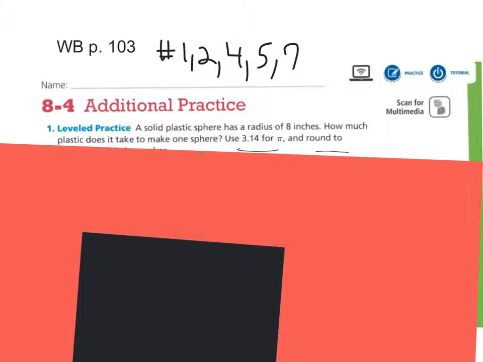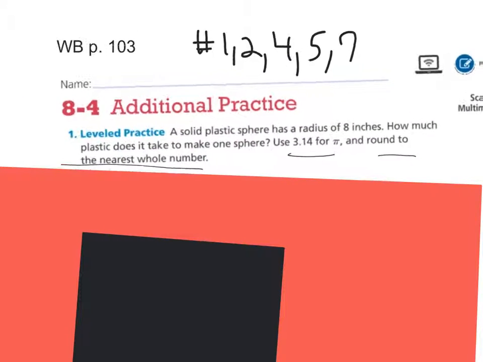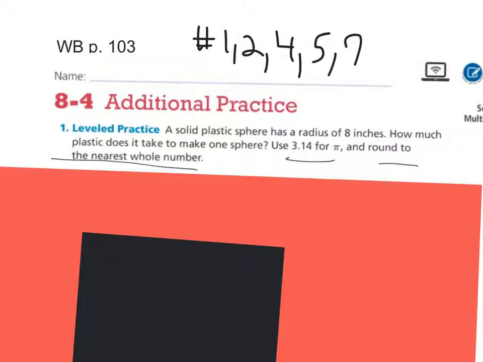We'll look at workbook page 103, number 1. We have a solid plastic sphere, radius of 8 inches. And the question, how much plastic does it take to make one sphere? Use 3.14 for pi, round to the nearest whole number.